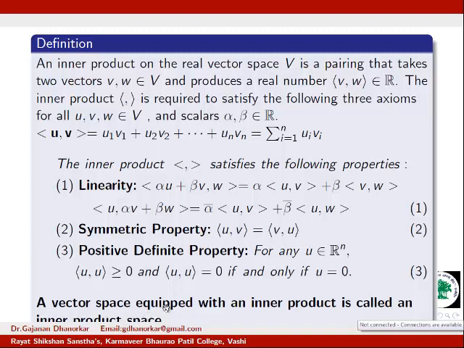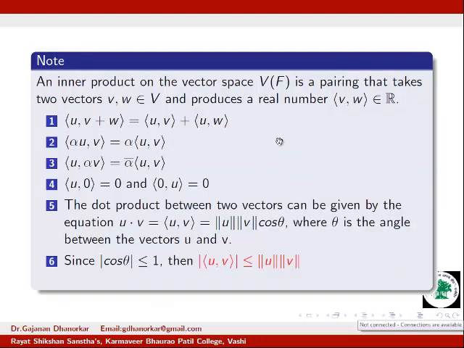Now here this is the definition, and this is very easy. Only by taking the dot product we will get all these properties of inner product. Now here I will write some notes for this inner product.